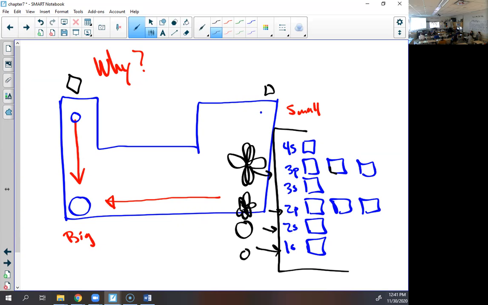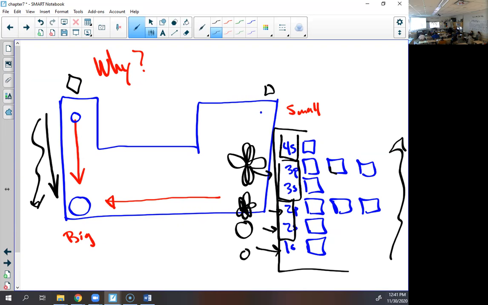Sound familiar, all that? Okay, on this diagram, as we are going up, we're actually going down on the periodic table. All right, so as we go down on the periodic table, we are increasing the number of shells. And the more shells, the more space the atom takes up.